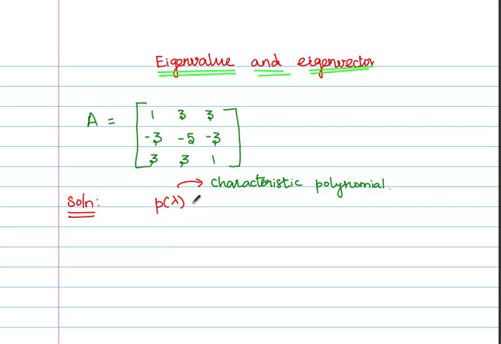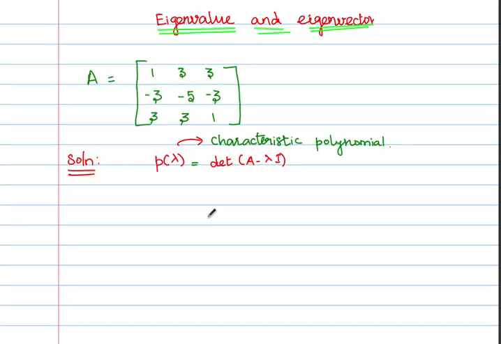The characteristic polynomial is nothing but the determinant of A minus lambda I. Usually we will use this formula, but we are going a different way to find the characteristic polynomial.